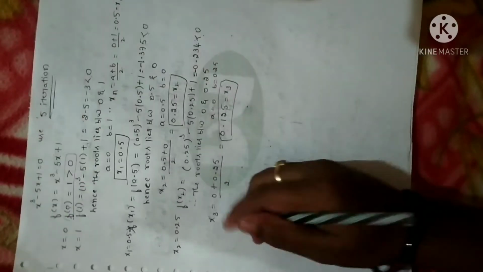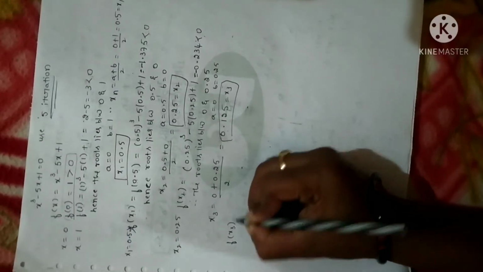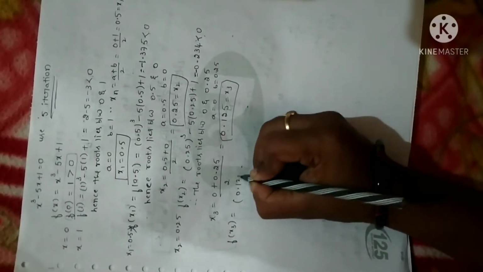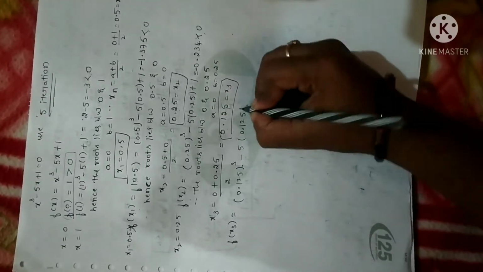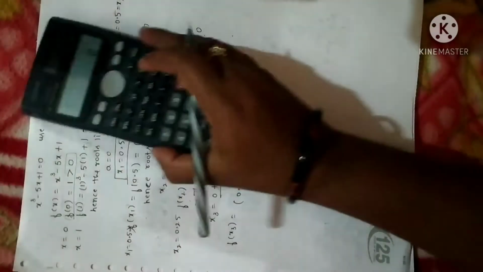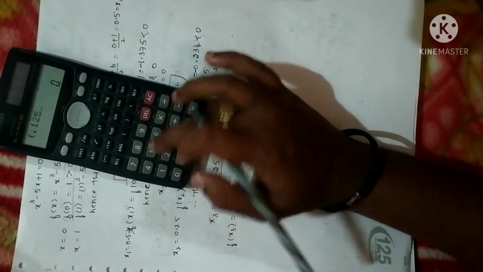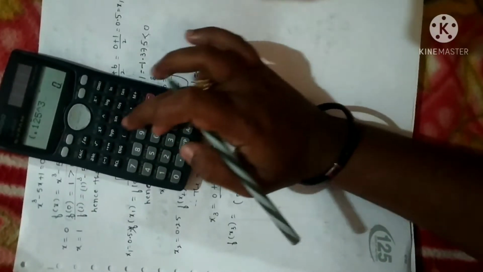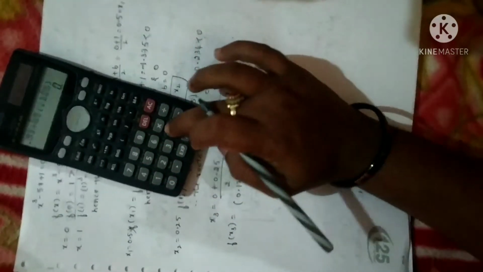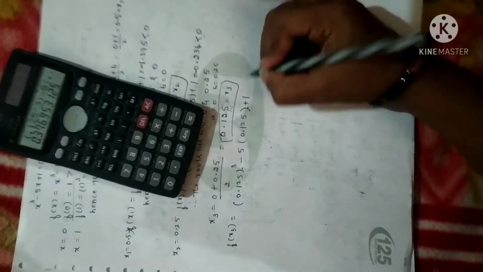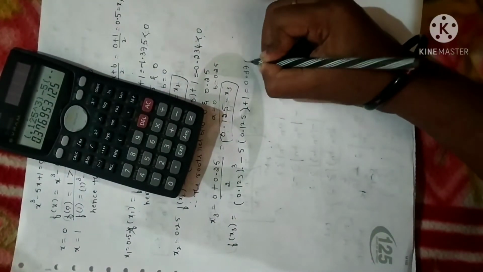Now I have to find f of x3 value. 0.125 whole cube, replace x with 0.125, minus 5 into 0.125 plus 1 gives us plus 0.376.